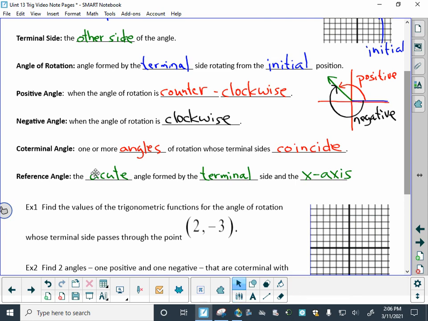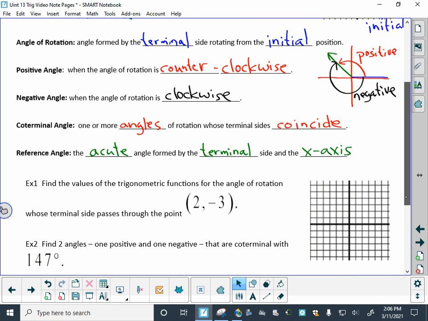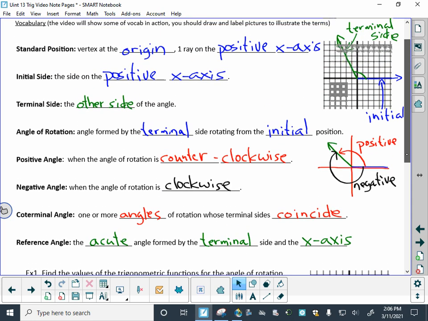Okay? So when we are talking about that angle, if I go up to my picture that I had here before, my reference angle for this picture would be the acute angle that is formed by the terminal side and the x-axis, and so that is this angle over here. It will always be positive when I refer to it, okay? And we can see that it has something to do with our angle of rotation here.